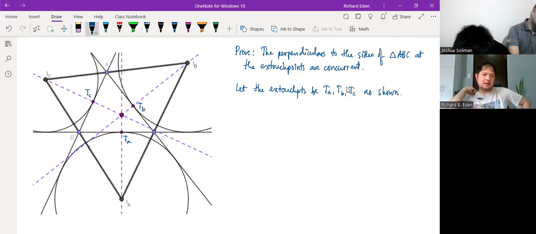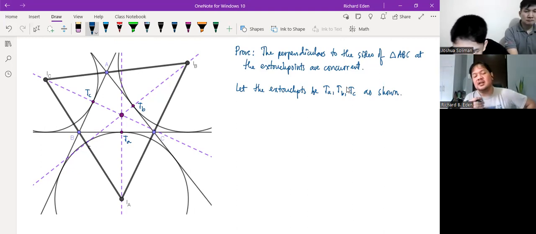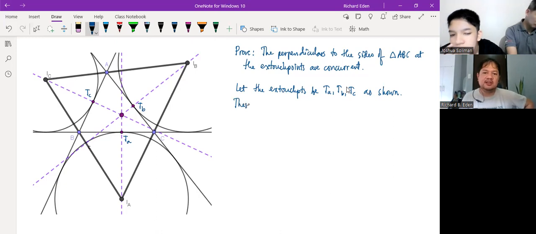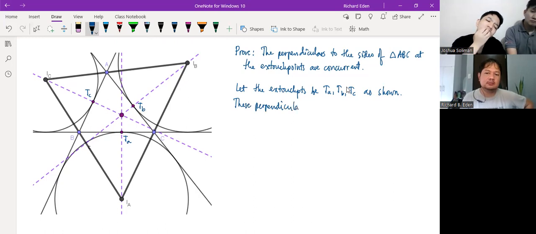Then, for now, let's ignore the point of concurrency, because we don't know yet that they are concurrent. However, there are a lot of angles that we can determine here. Observe that these perpendiculars also contain the X centers.